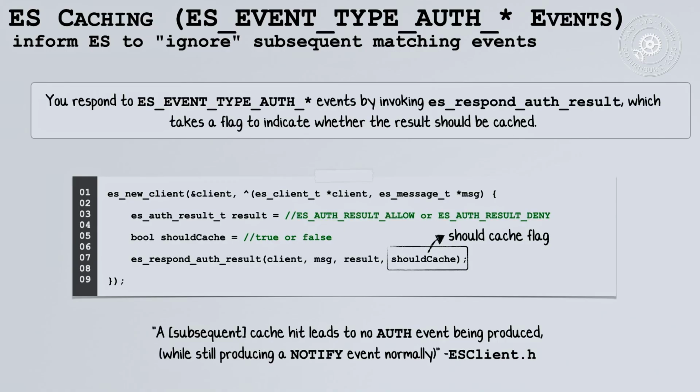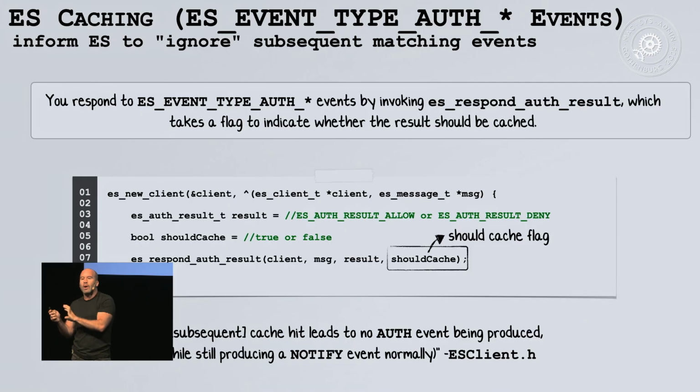So what is caching? So we talked about notification events, but there's also the authorization events. And again, recall endpoint security will deliver these events to you before the event has completed, before, for example, the new process is allowed to spawn, and it will wait for you to tell it what you want to do, either allow or deny.